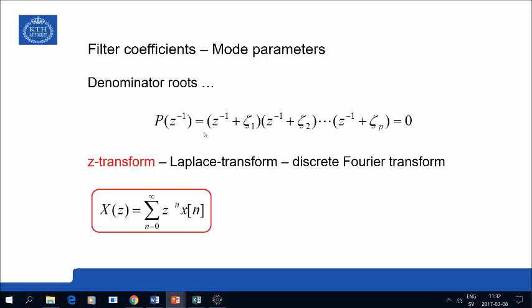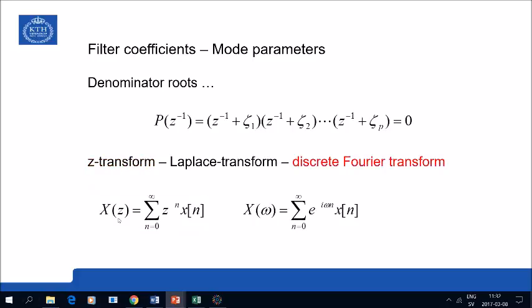So, to start with, the Z transform of a sequence x[n] can be formulated in this series expansion. And if we continue with the discrete Fourier transform of the same sequence, it can be formulated in this way, where we now have the exponential raised to the power of minus i omega n, where omega is the angular frequency.